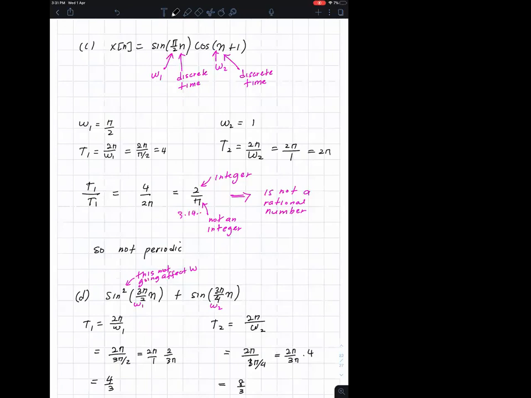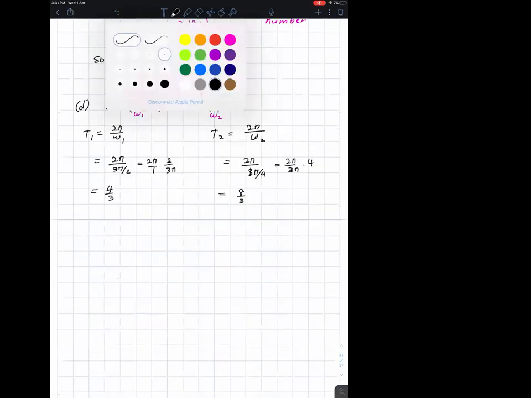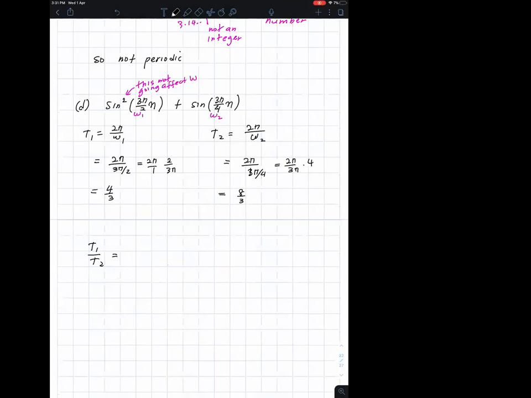So T1 over T2 is 4 over 3 divided by 8 over 3, which is 4 over 3 multiplied by 3 over 8, which is 1 over 2. T1 over T2 is 1 over 2, so it's a rational number. Therefore, it is periodic.